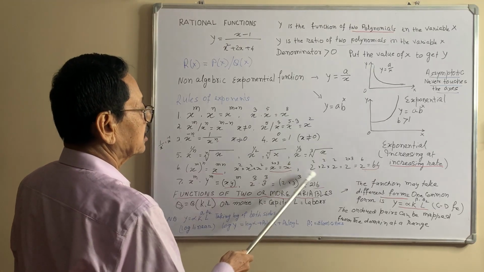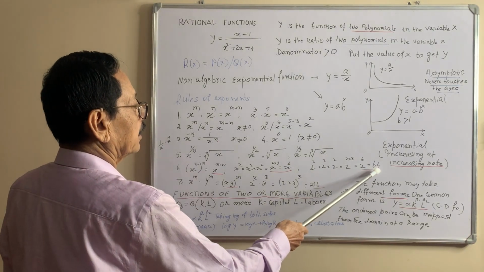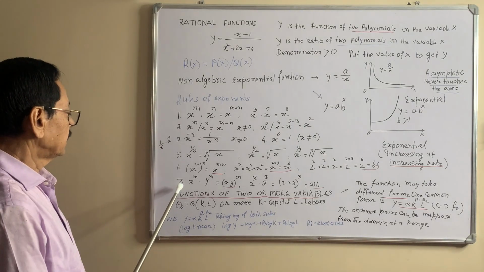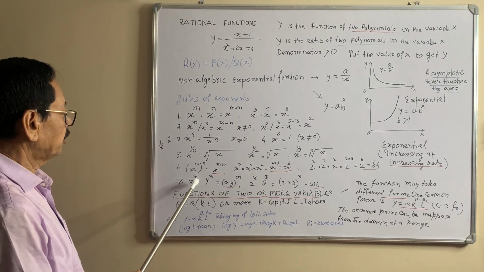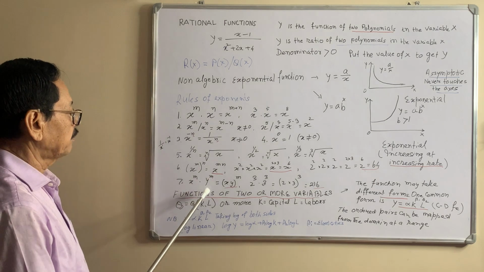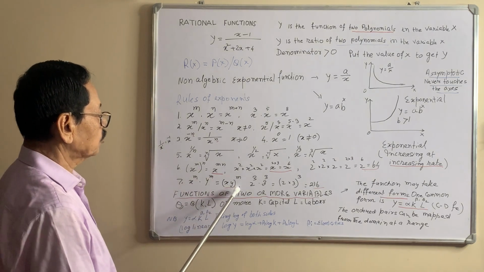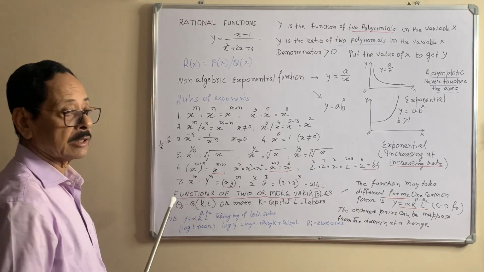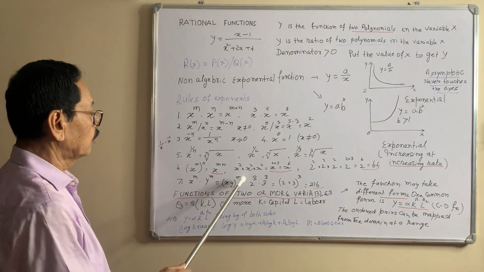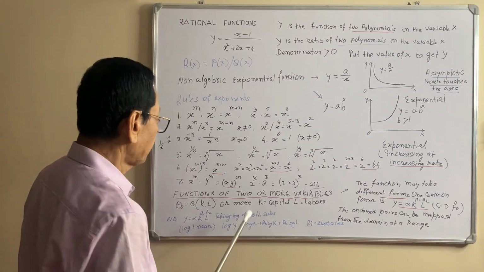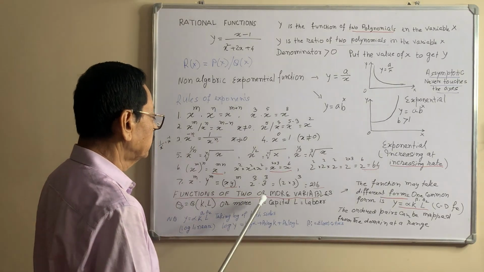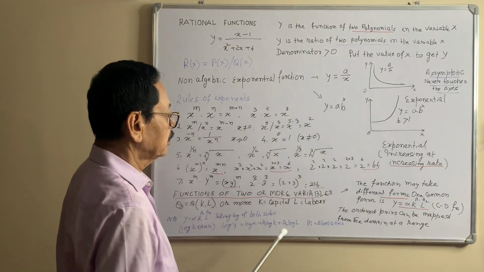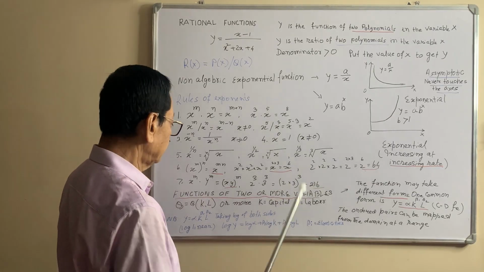Then the seventh rule, x to the power n into y to the power n, we can write as xy whole to the power n. If the powers are equal, you can write xy whole to the power n. Suppose 2 cube into 3 cube is equal to 2 into 3 whole cube, which is 216.